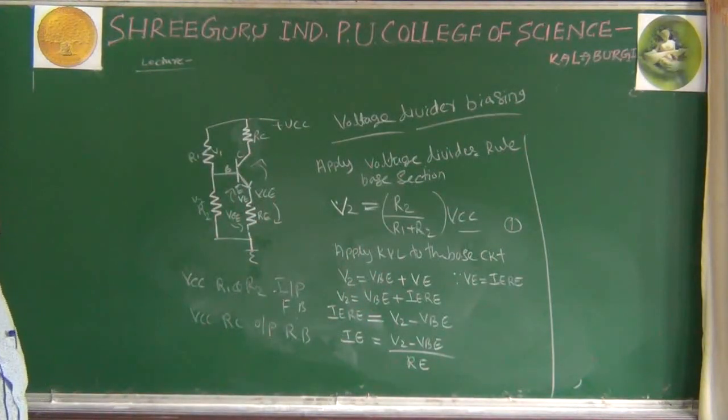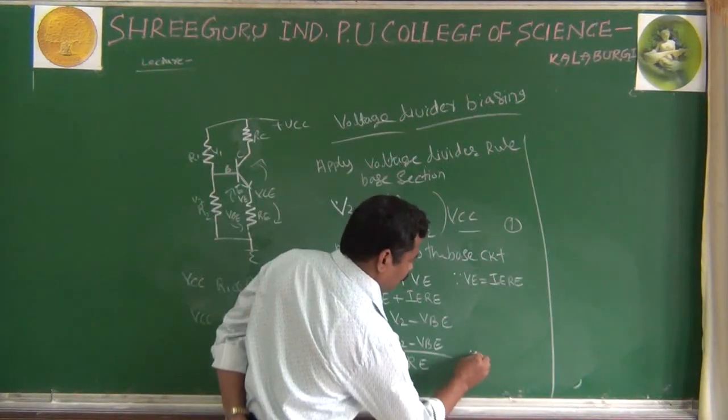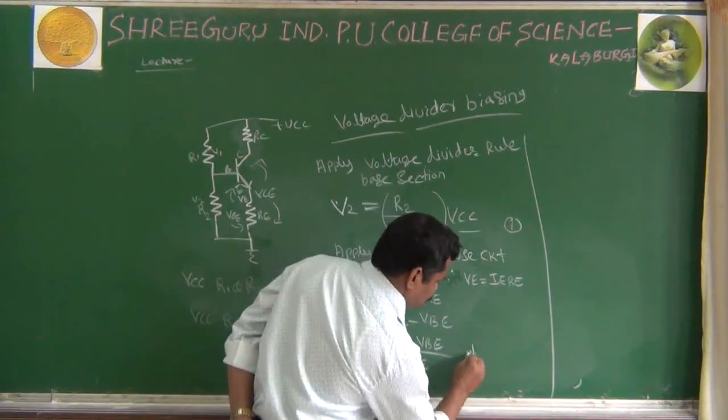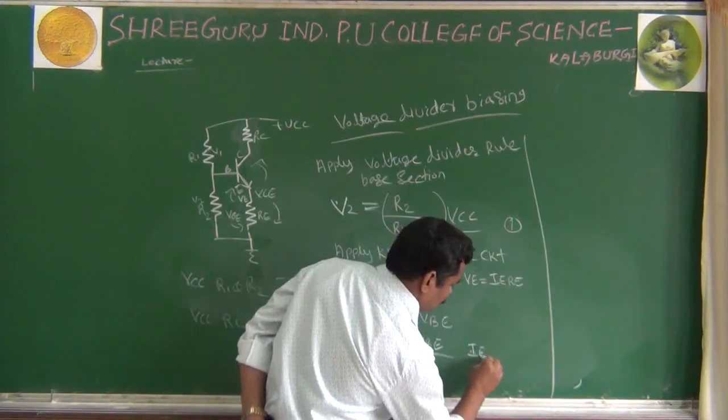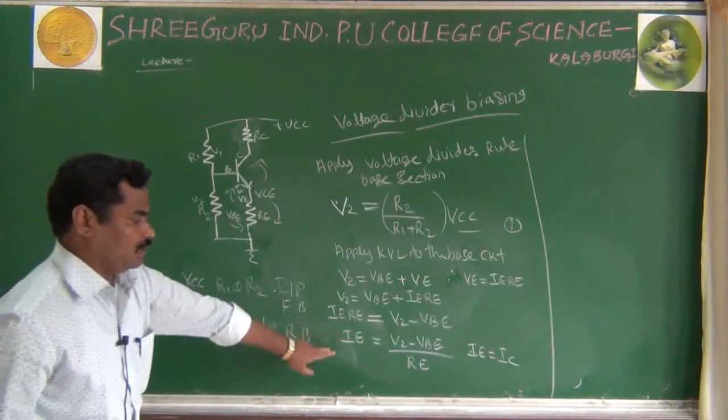And here another important thing, as we know in transistors, IE is equal to IC. It means in place of IE, you can also write IC.